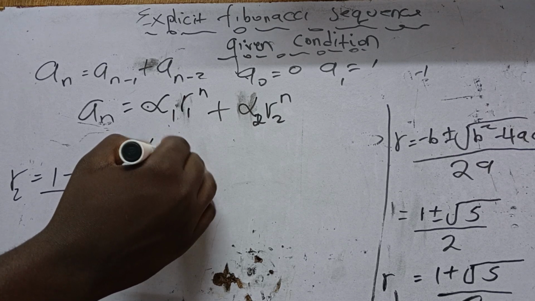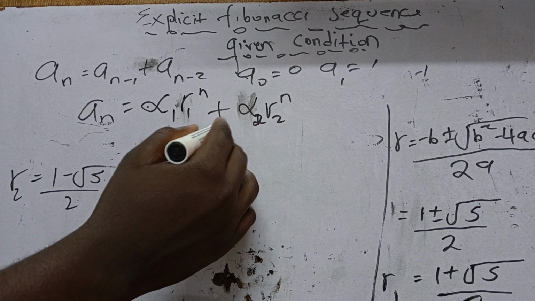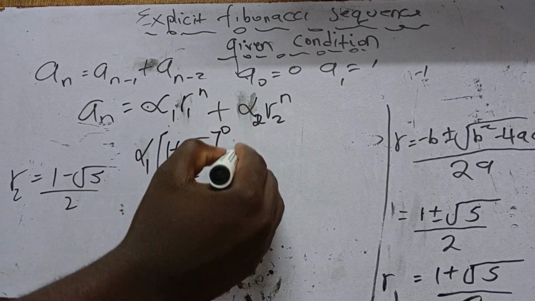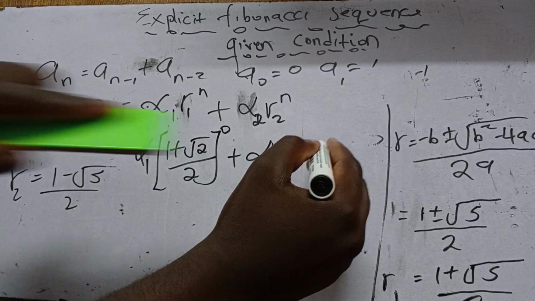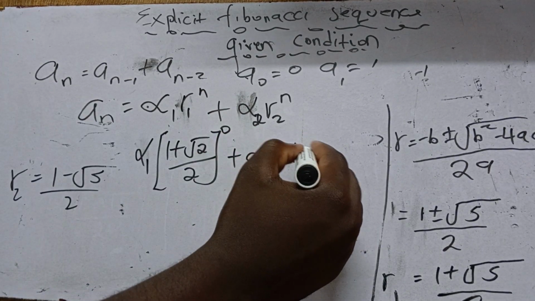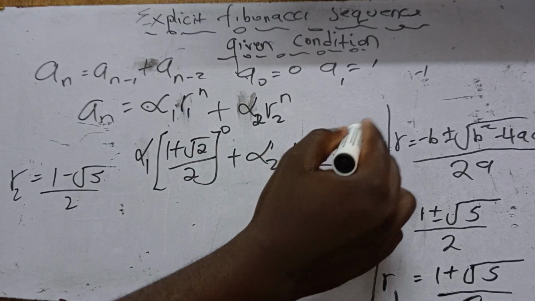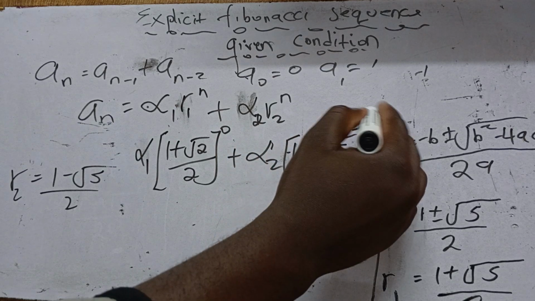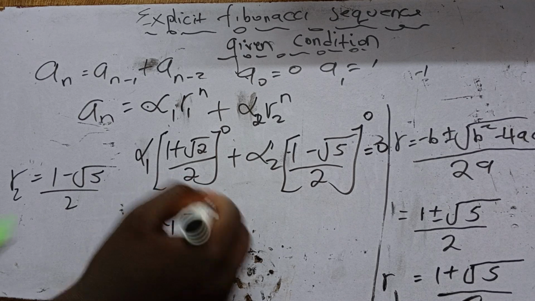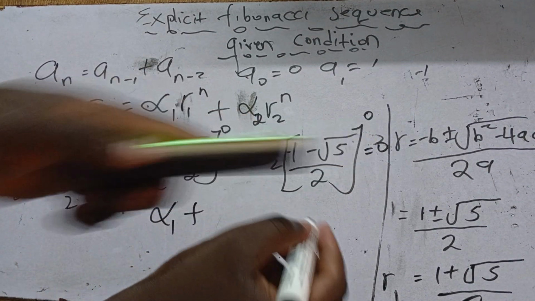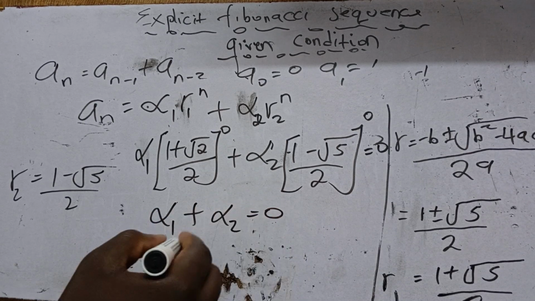Our r1 was 1 plus root 5 over 2, raised to power 0, plus alpha 2 times r2, which was 1 minus root 5 over 2, raised to power 0. Raised to power 0 is 1, so alpha 1 plus alpha 2 is equal to 0.